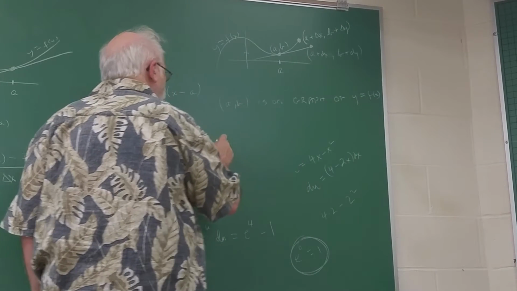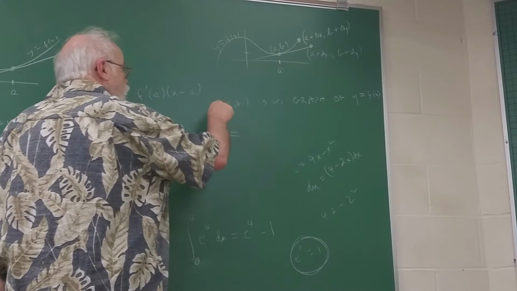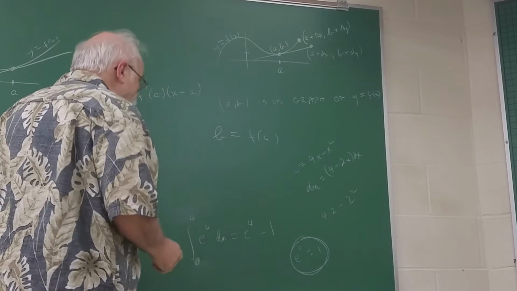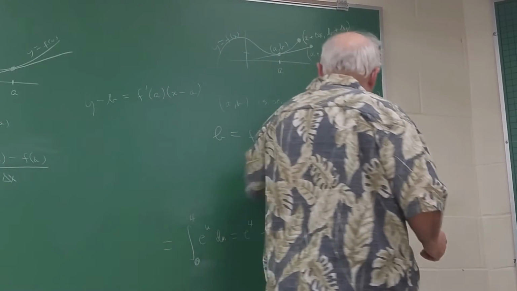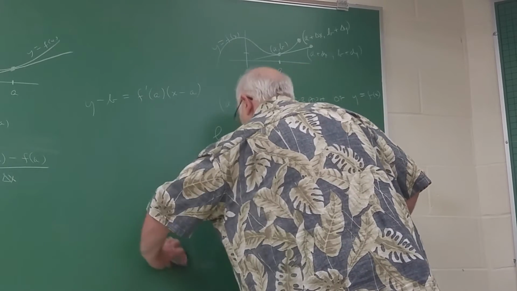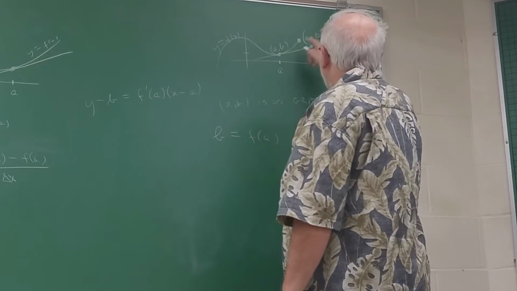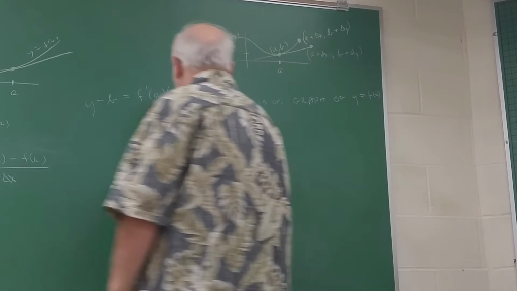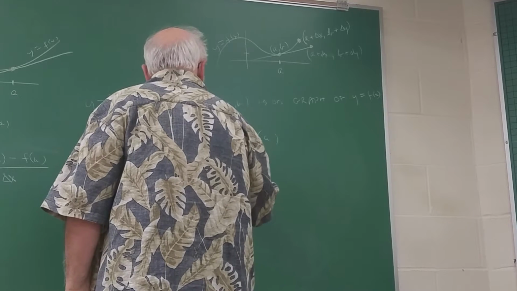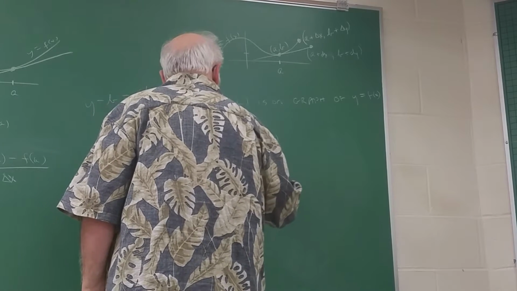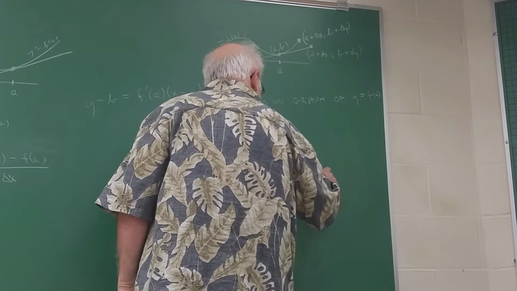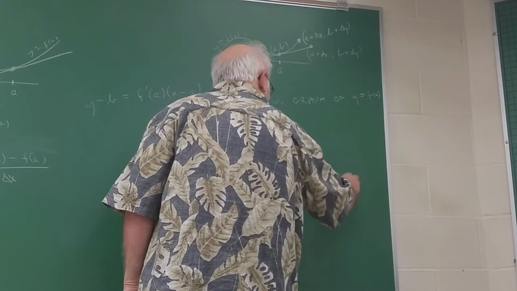And B is the y coordinate, and A is the x coordinate. So I have this, right? And for this point out there, A plus delta x, comma, B plus delta y, is also on y equals f of x.